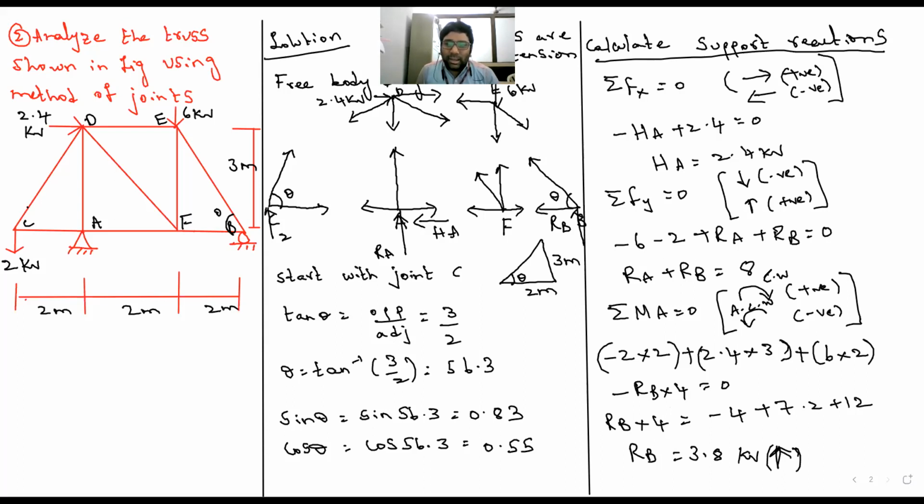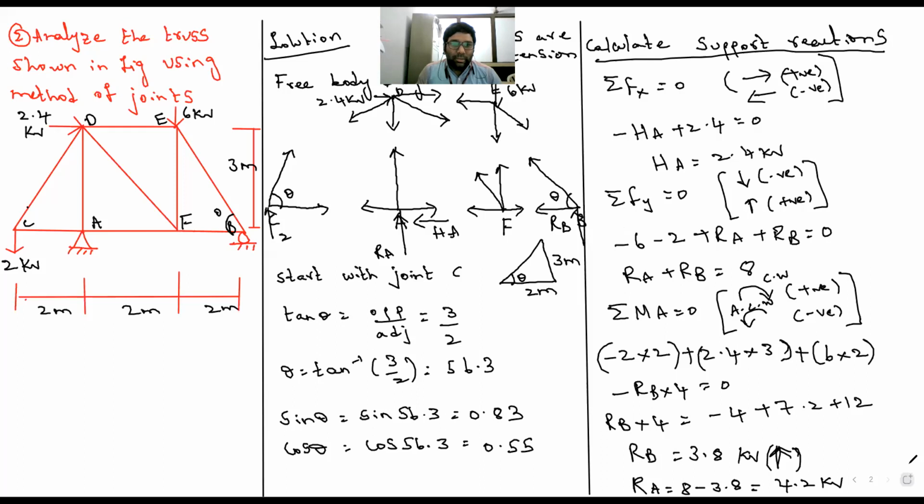And how much is RA? RA is equal to 8 minus 3.8, that is 4.2 kilonewton. Wonderful. Both are upwards.